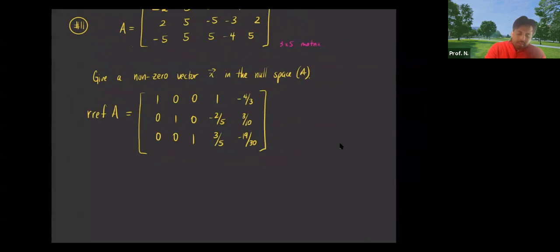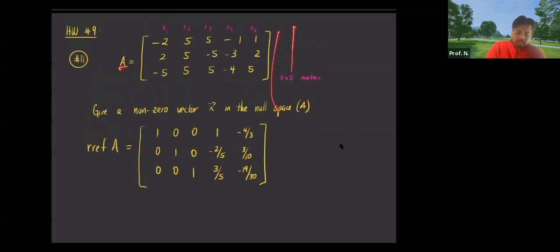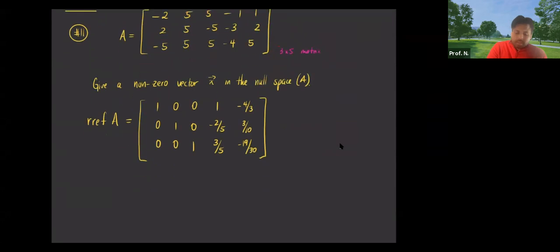So what does this give me? Well, this helps me in solving for the null space, which is the set of vectors that make my matrix, when you multiply, give 0. When I multiply by the vector in the null space, I get the 0 vector, and the 0 vector here is representing a homogeneous system of equations.